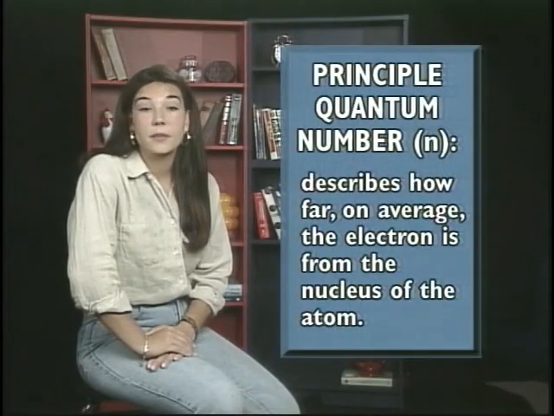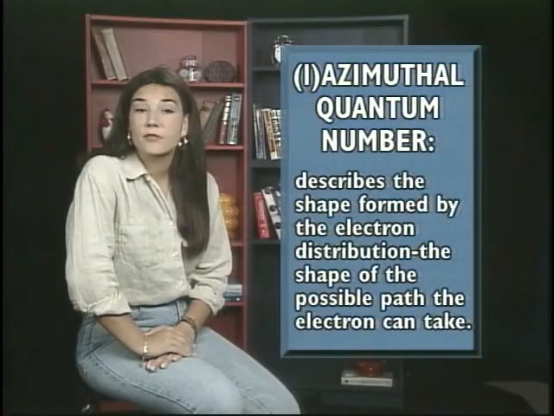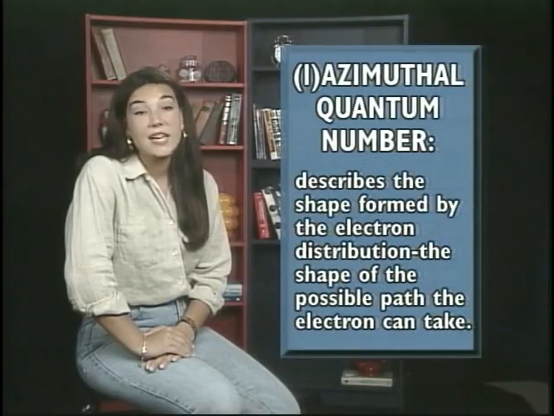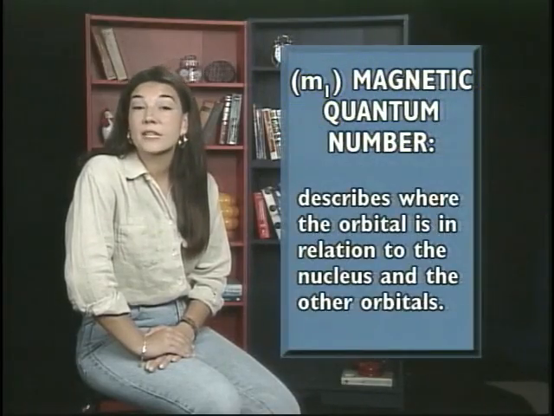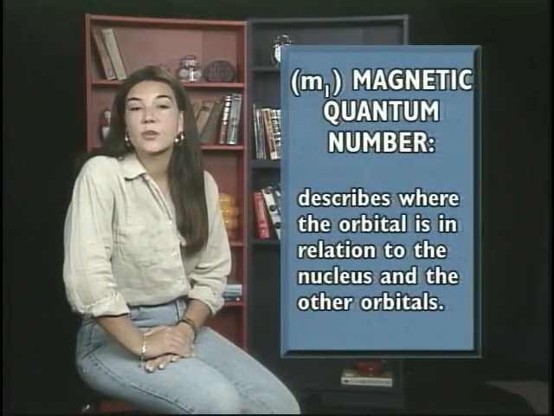The second quantum number is represented by a lowercase l, and it's called the azimuthal quantum number. It describes the shape formed by the electron distribution, or the shape of the possible path the electron can take. Finally, m sub l, the magnetic quantum number, describes where the orbital is in relation to the nucleus and the other orbitals. We'll now tell you more about each of these quantum numbers.